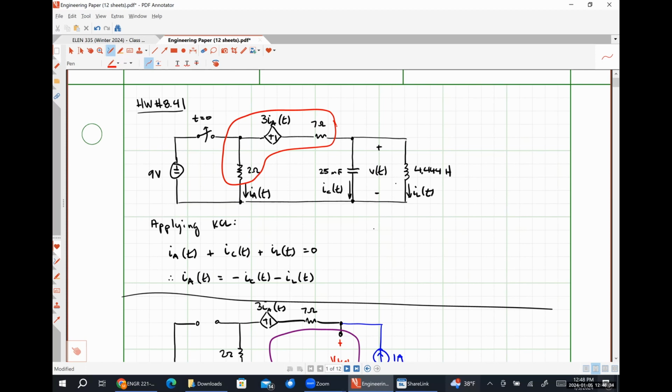We just found out that these 3 things in series is electrically equivalent to a 6 ohm resistor. So treat it as if there were a 6 ohm resistor between this node and this node, or just 6 ohms in parallel with this capacitor and this inductor. IA is then just the current that's flowing through the 6 ohm resistor, which could be easily found by just taking the voltage and dividing it by 6 ohms.